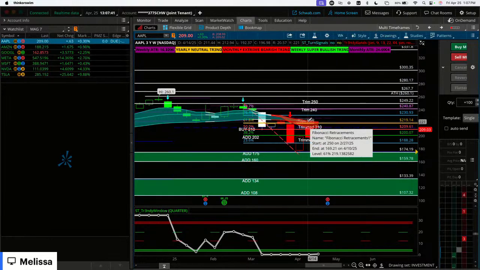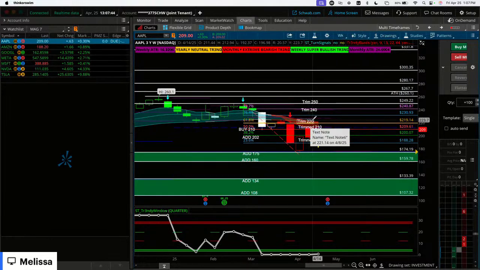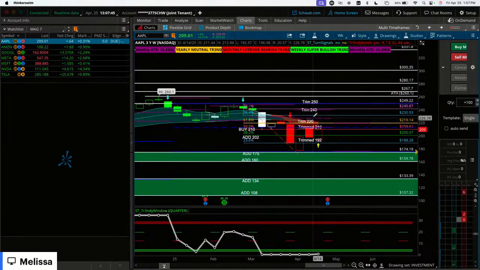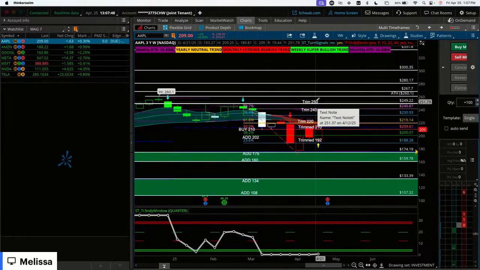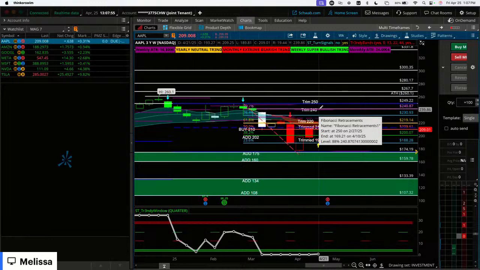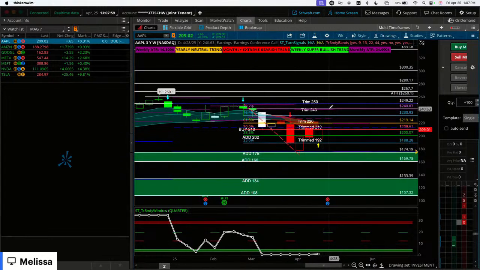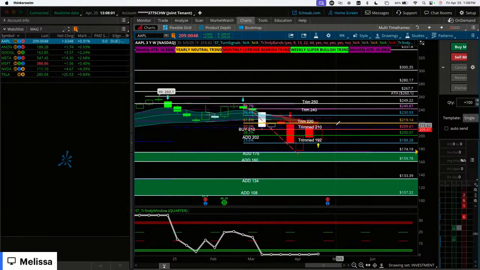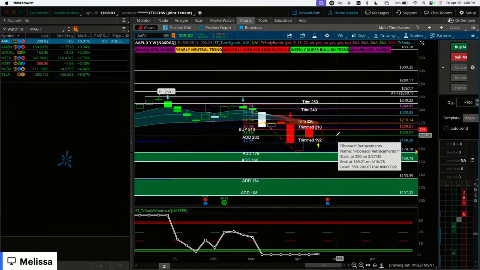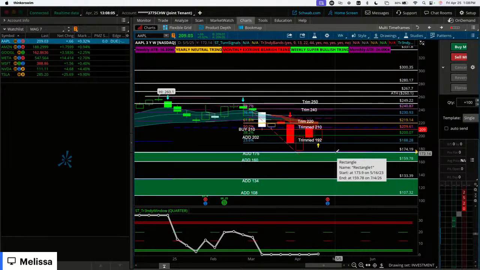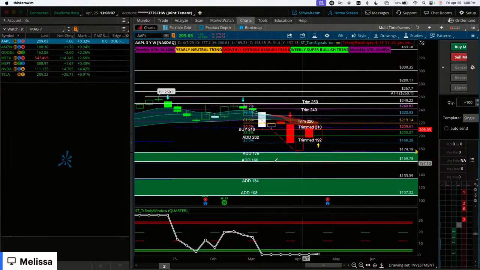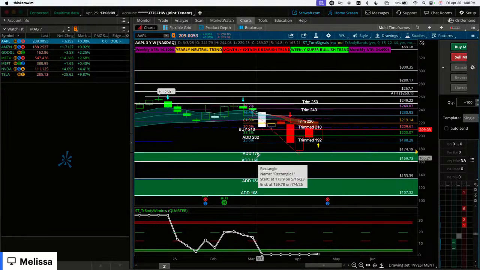Now, my next trim levels would be at 220, 240, and 250. If price gets back up here to, let's say, 240 by 250, and then the market rolls over again, I would be adding back into these shares at the same buy levels I did before.